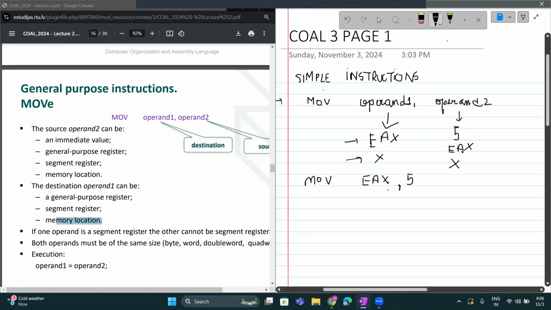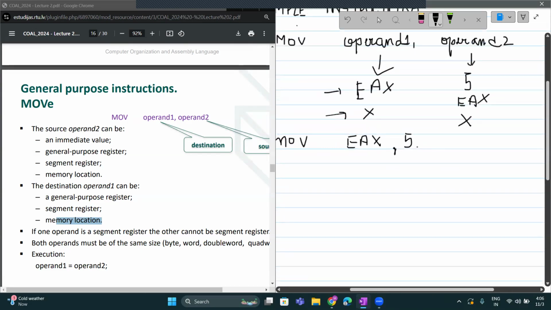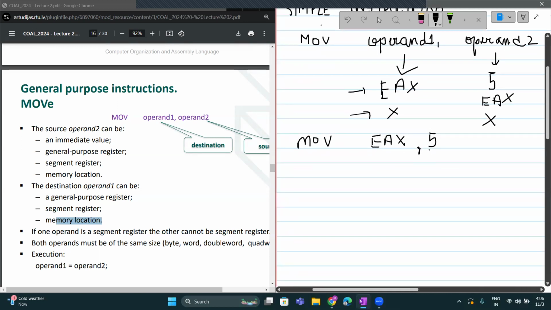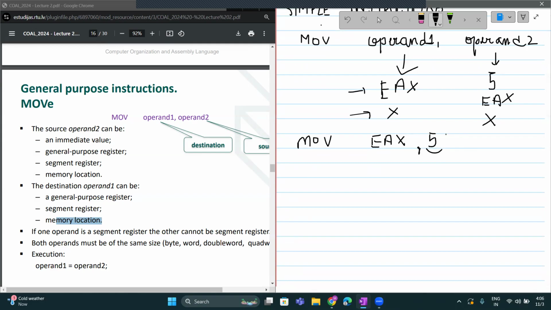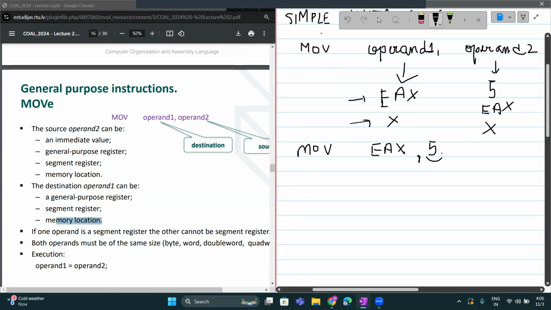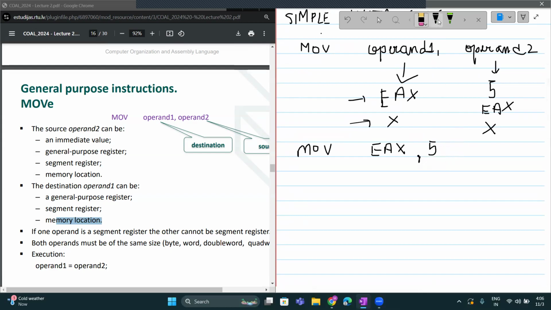to EAX. The default value of 5 here means 5 in decimal format. That's the default. If we want hexadecimal, we put h after it. So 5 in hexadecimal.